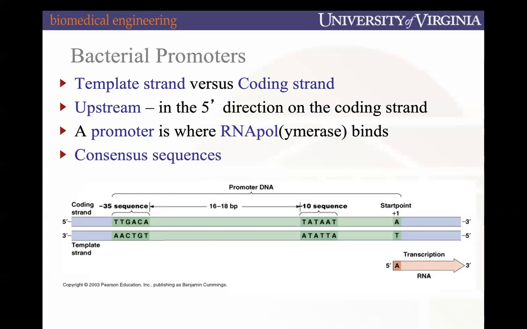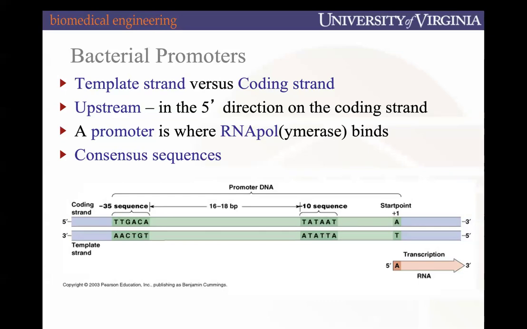And what we've learned about the promoter is that we've been able to identify and determine specific sequences that are conserved across species. And so we'd call it a consensus sequence. We only talked about consensus sequences in the context of replication, or origins of replication.